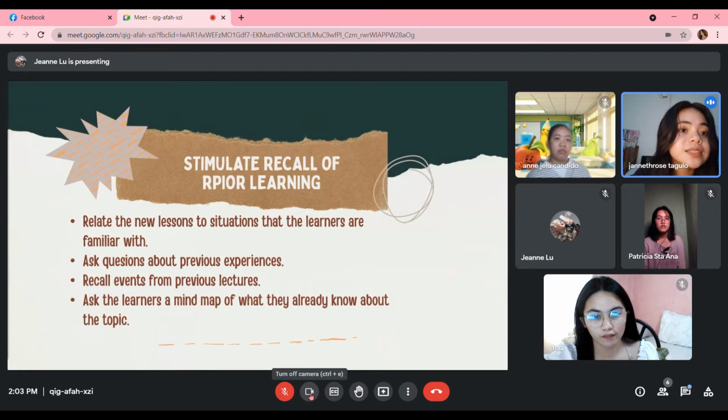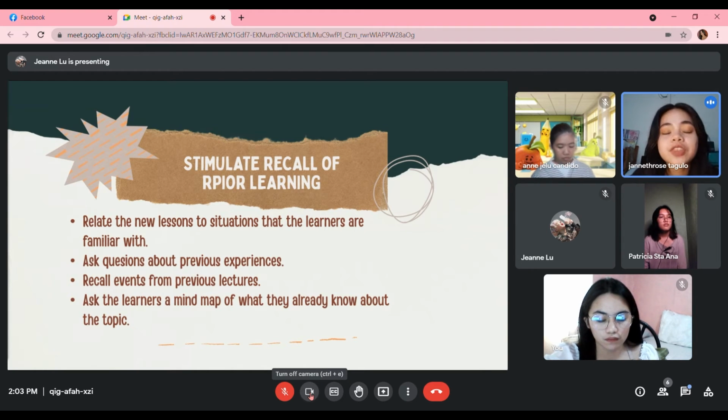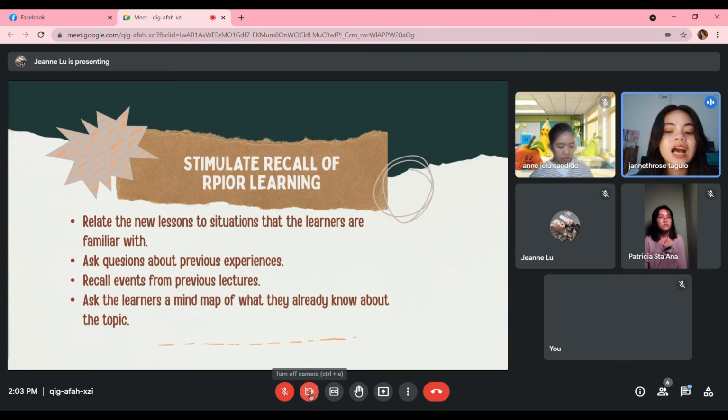So next is stimulate recall of prior learning. The teacher should help the learners make sense of new information by relating it to something they already know or something they have already experienced. To accomplish this, provide the learner with an experience or cue that stimulates their prior knowledge.